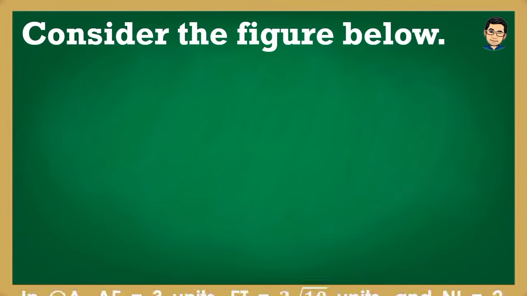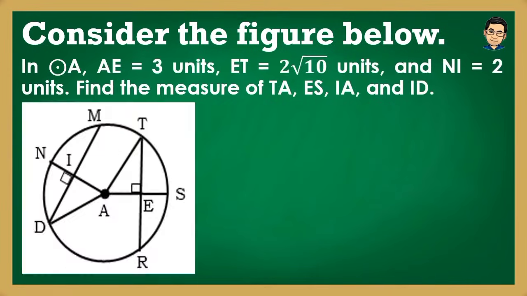Consider the figure below. So, solving naman po tayo. So, in circle A, AE is equal to 3 units, ET is equal to 2 square root of 10 units, and NI is equal to 2 units. Find the measure of TA, ES, IA, and ID. So, i-label lang natin yung mga given measure. So, AE, ito po yung AE.